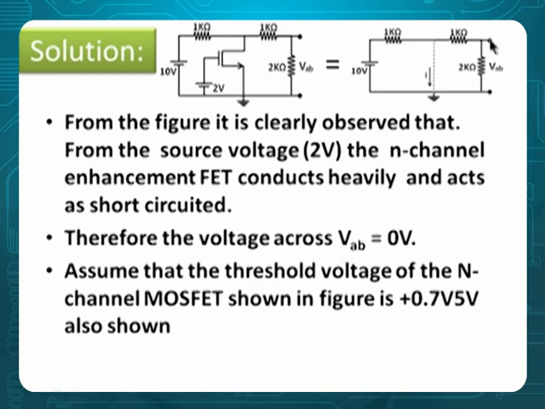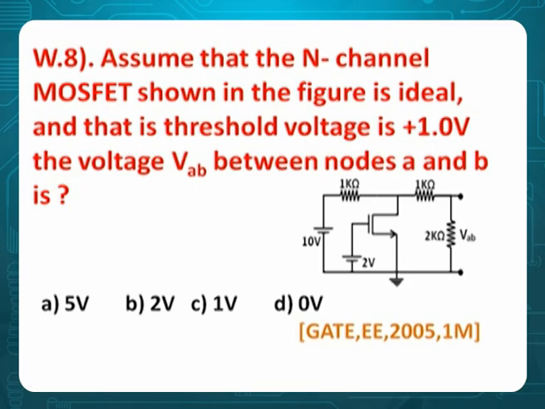Therefore, the voltage VAB is equal to 0. Therefore, the option is D. D is 0.